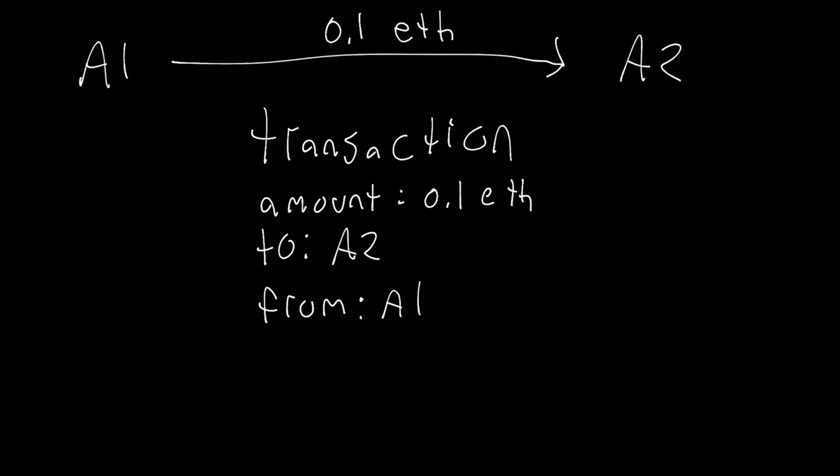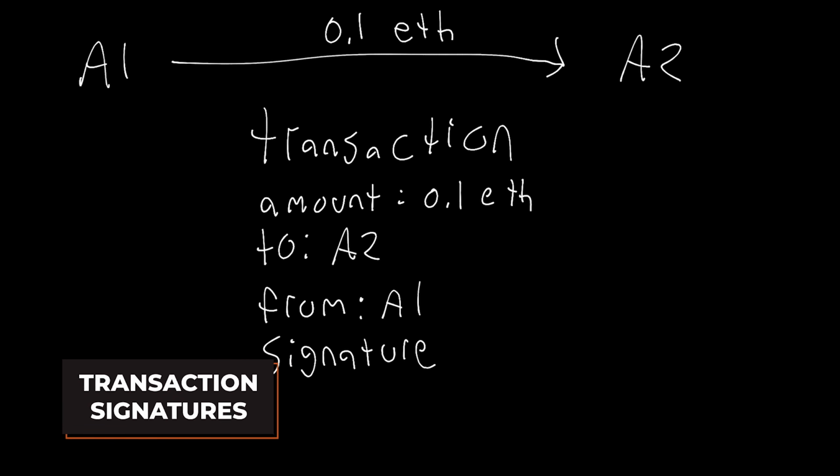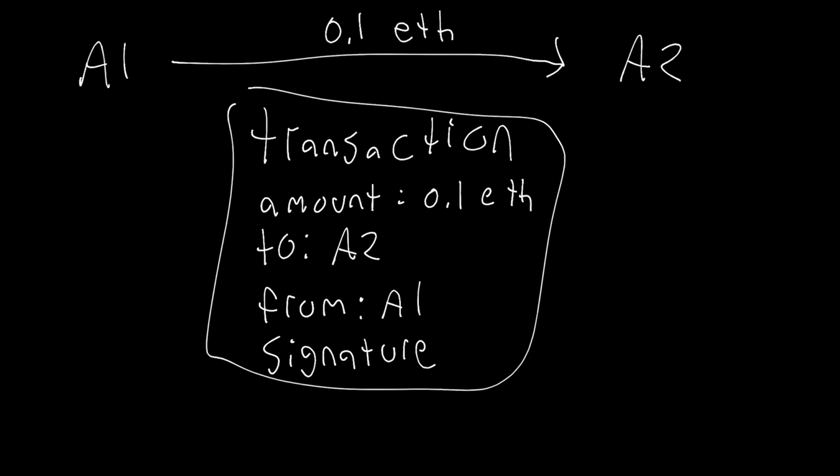And well, if there was no security, then you would just have random people adding transactions all of the time. That is why we have something known as a digital signature. So a digital signature is a very special hash that involves the actual private key of the account trying to send the money, so of the from account, as well as all the information associated with the transaction.